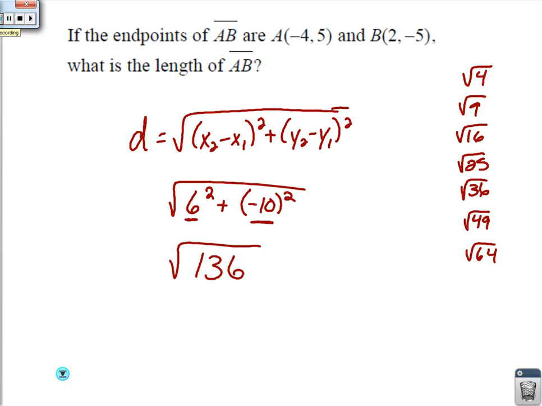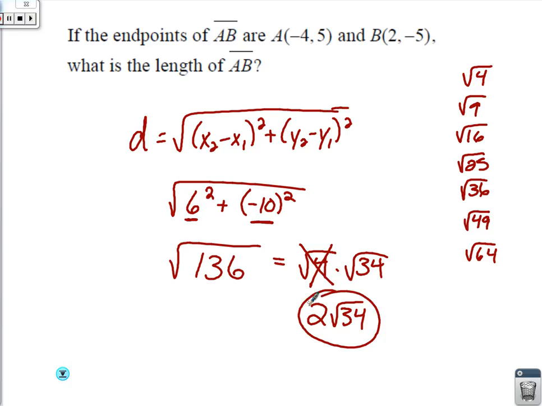Since the square root of 4 works, we divide 136 by 4. What did you get when you divided? 34. So we can split the square root of 136 into the square root of 4 times the square root of 34. Mark out the square root of 4, because I know what it is. It's 2. So 2 times the square root of 34. That's exact, and not only is that exact, that is simplified.